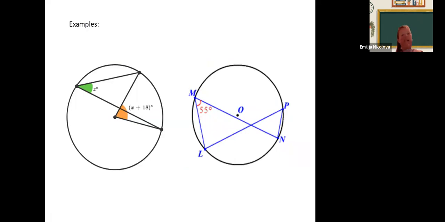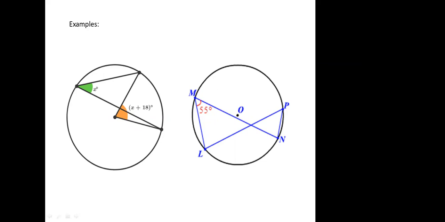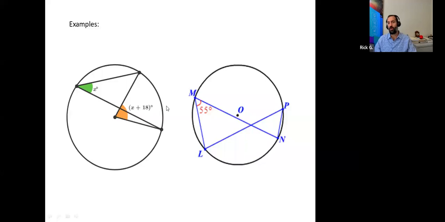Okay, so now we have two examples again. So the first example, we need to find how much is this angle and this one here. How can we solve it? Does anyone know? Repeat, please. Jose is asking if I can repeat.